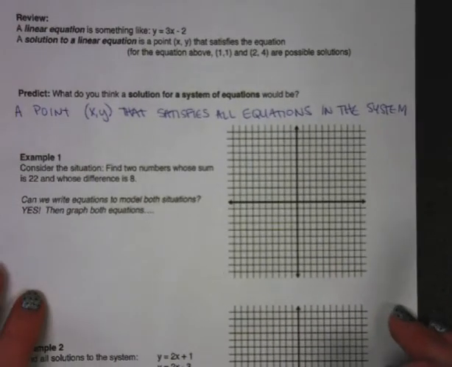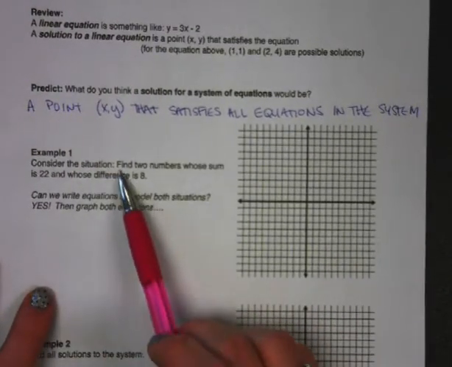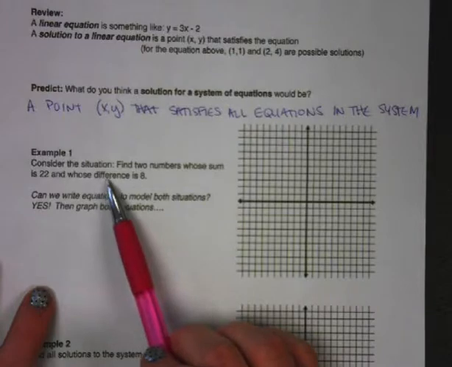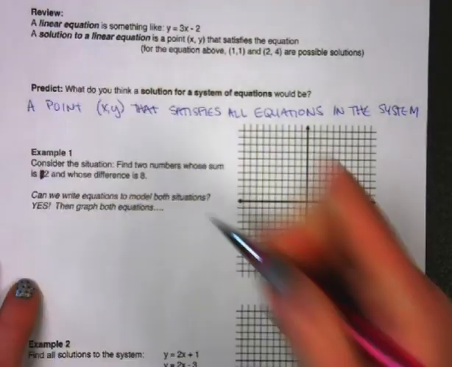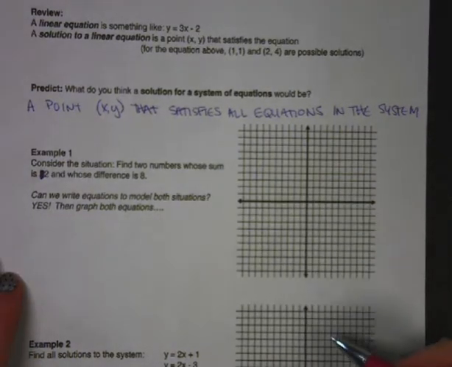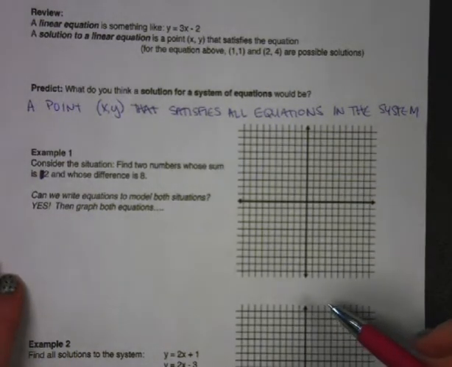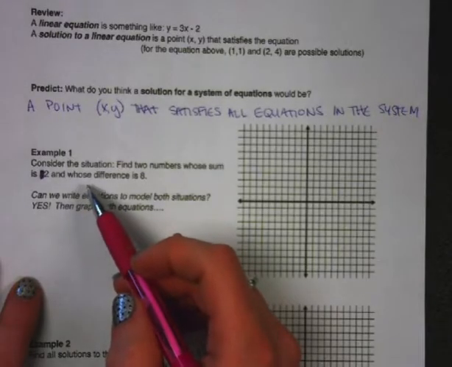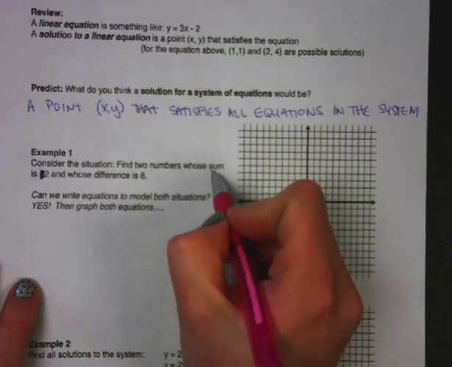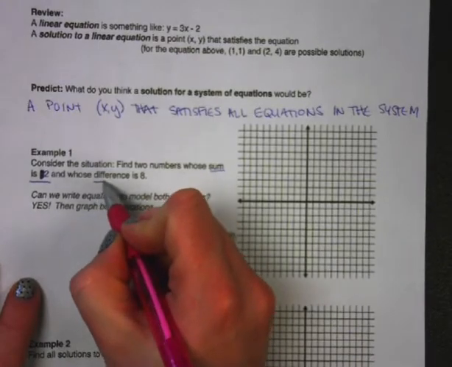Okay, so consider the situation. Find 2 numbers whose sum is 22 and whose difference is 8. And we're actually going to change this to 2, just so it fits on our graph better. So I have 2 different conditions. Sum is 2 and difference is 8.